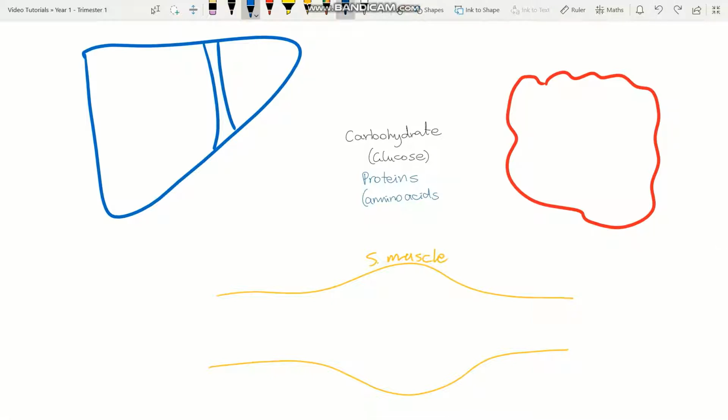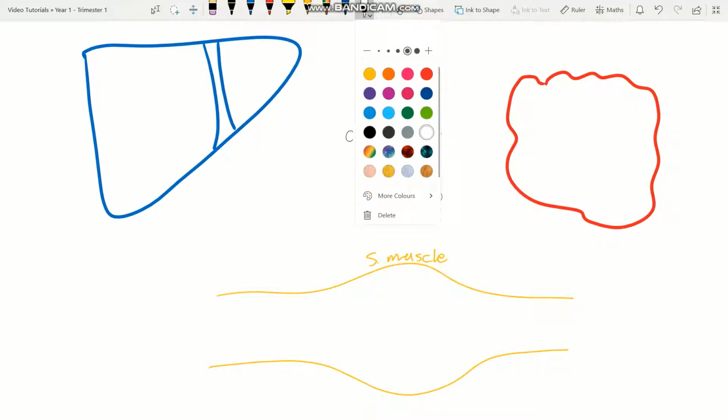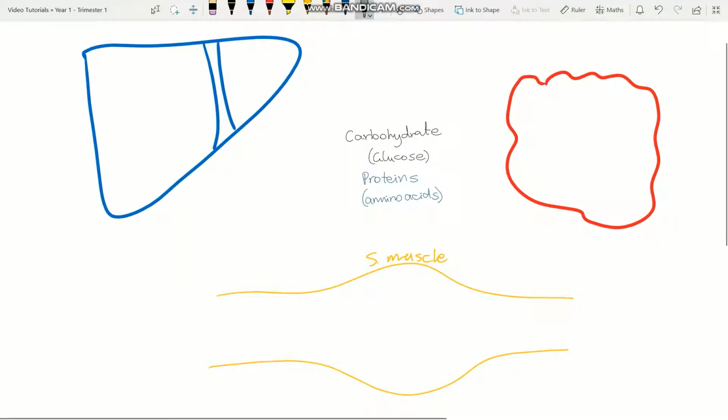And we also have triglycerides, which are fats. So, firstly, let's start with glucose.